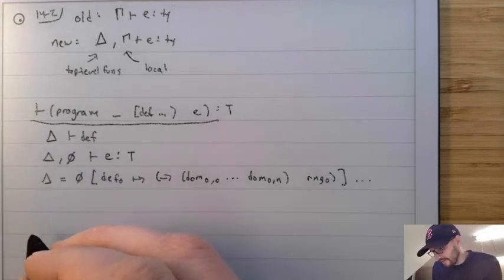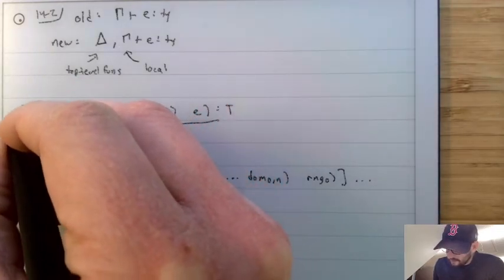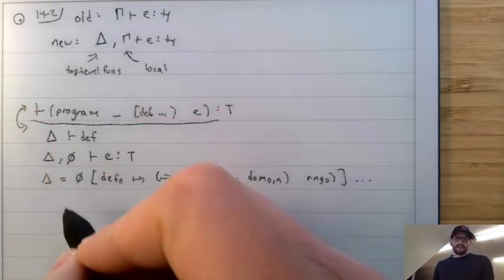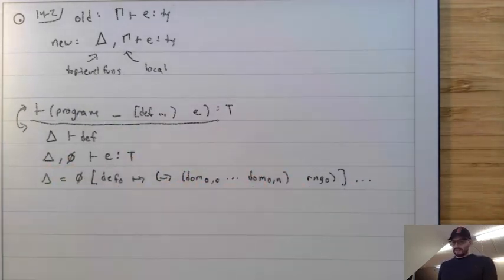So how do we check a definition? And I'm going to put a little swaparoo here to say that this is the conclusion and here's the premises. So similarly, now we'll write the one for how to check.